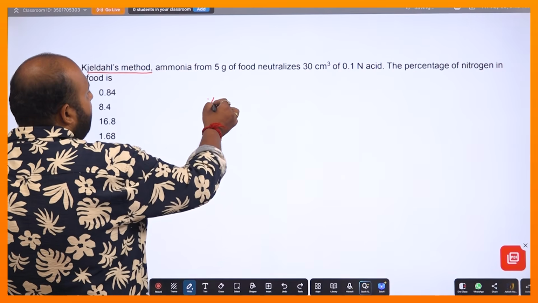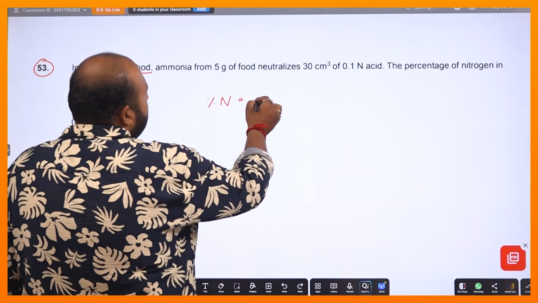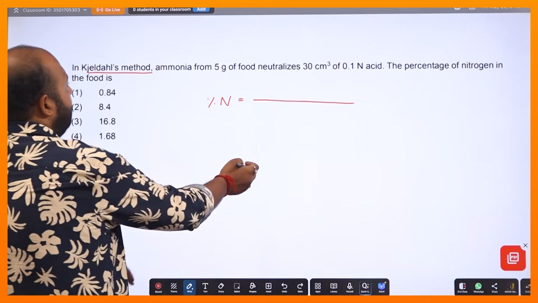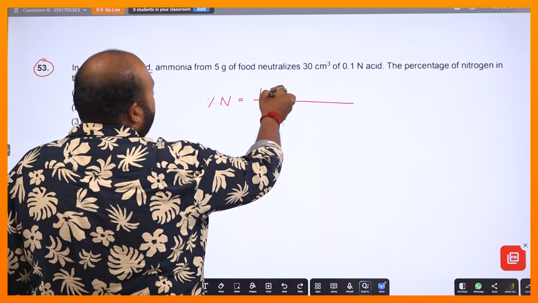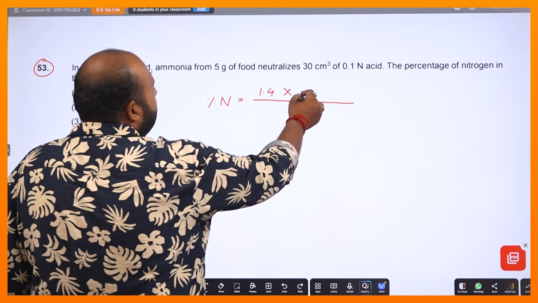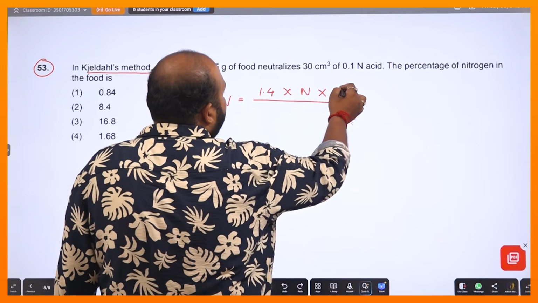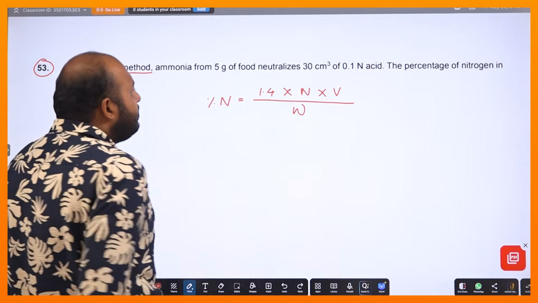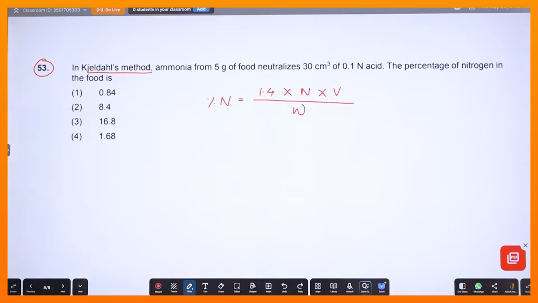Percentage nitrogen equals 1.4 into normality into volume by weight of the compound.